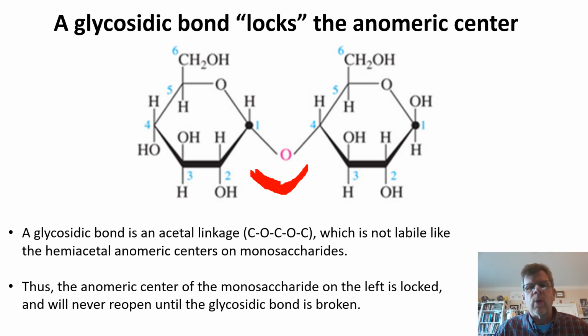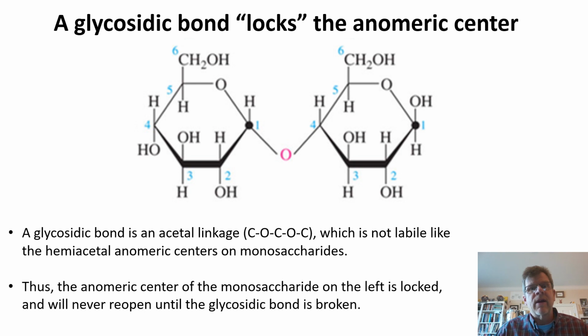When we have a glycosidic bond between two monosaccharides, we no longer have a hemiacetal at that anomeric center. Remember, a hemiacetal was C-O-C-O-H, and that was very labile. It could open and close, open and close.